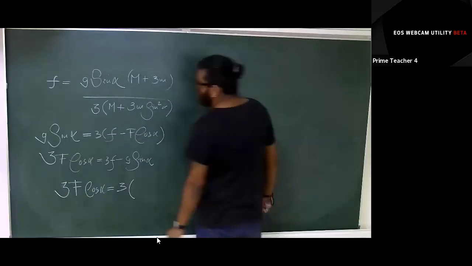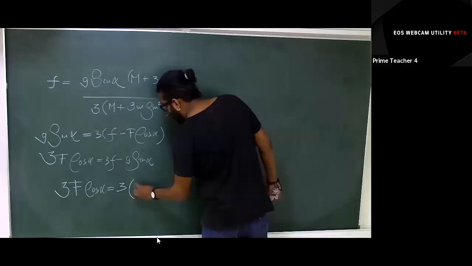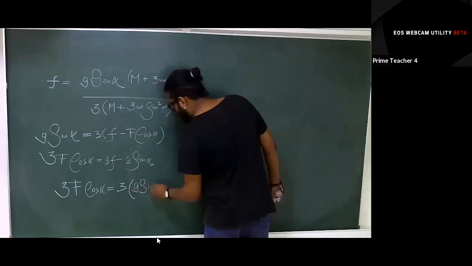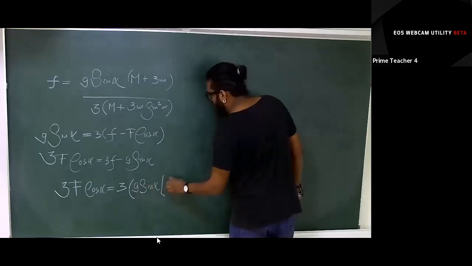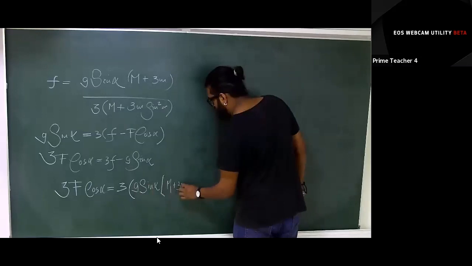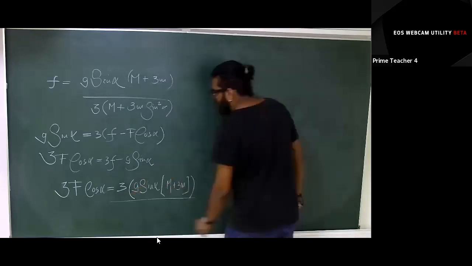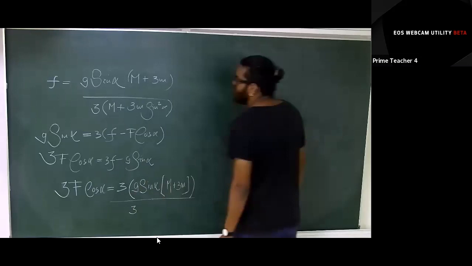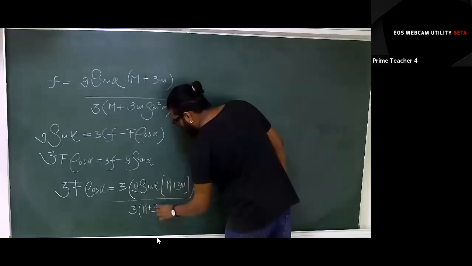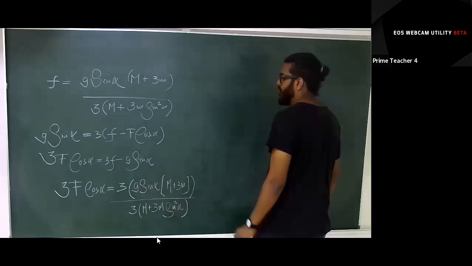I'm going to use f here, which is g sin alpha times M plus 3m over 3 times M plus 3m sin square.